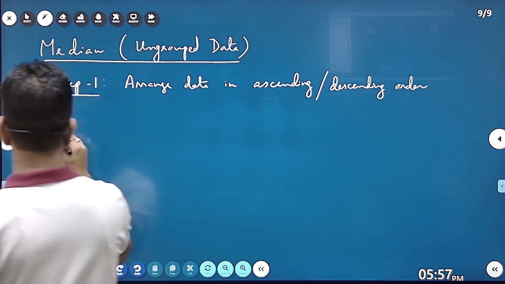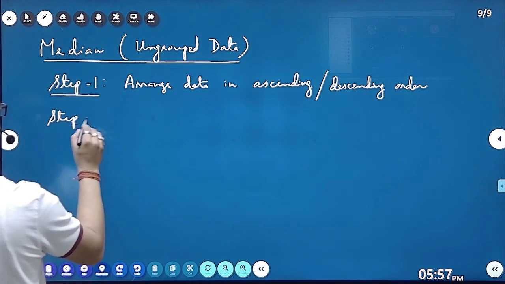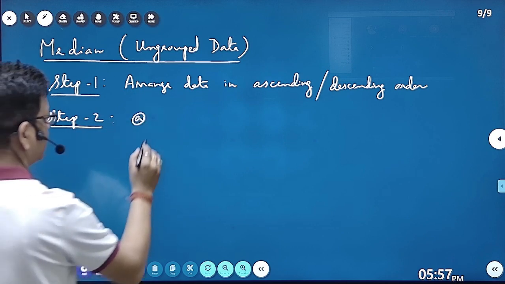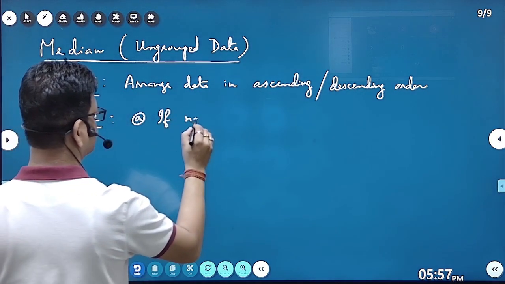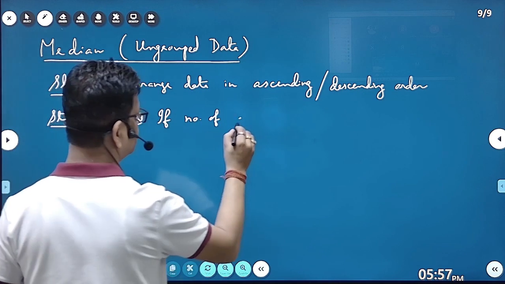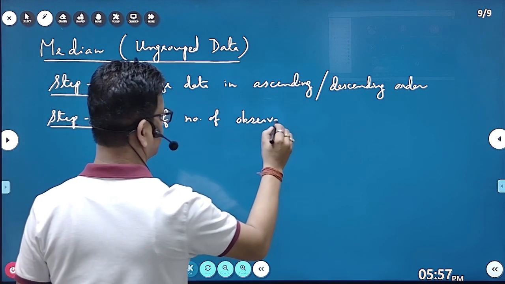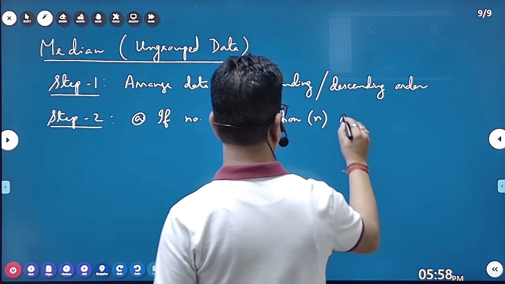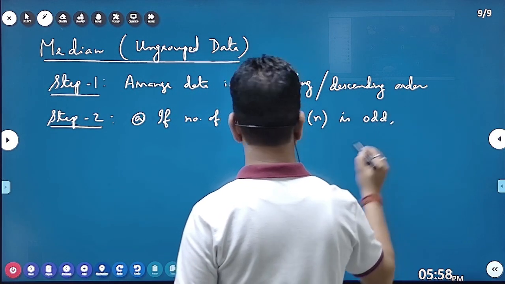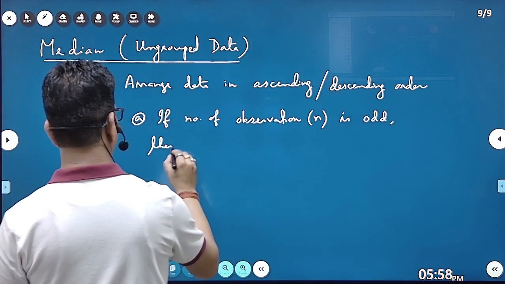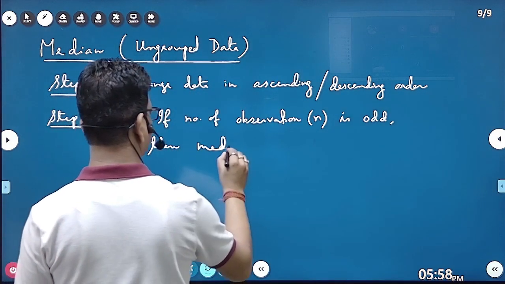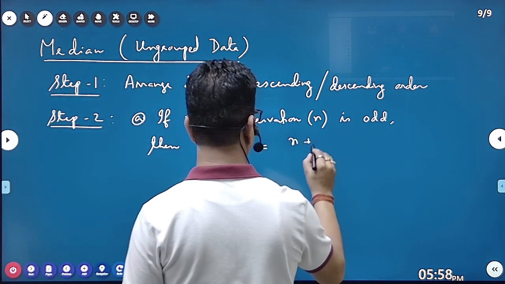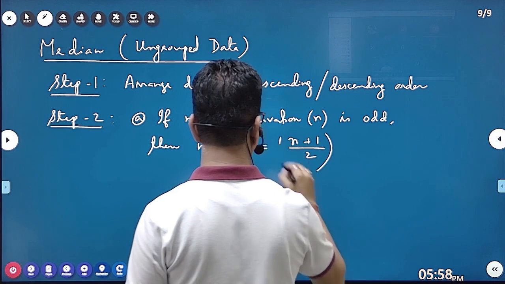Step 2: after arranging in ascending or descending order, here are 2 cases. Case A: if the number of observations n is odd, then median equals the (n plus 1) by 2 th observation.